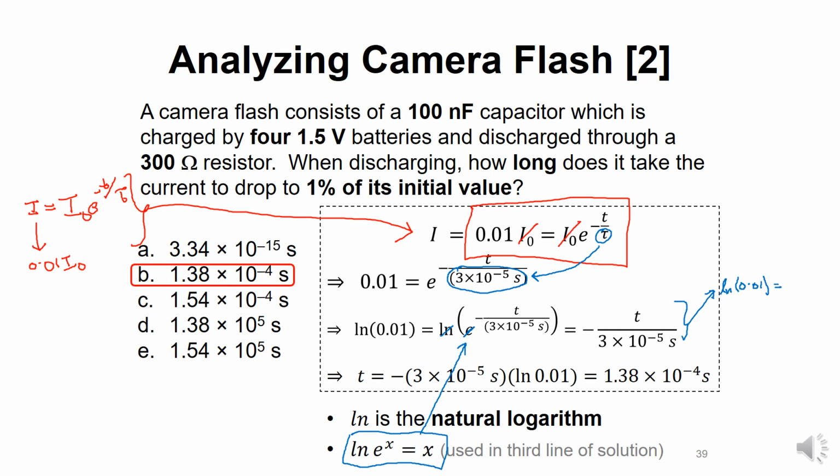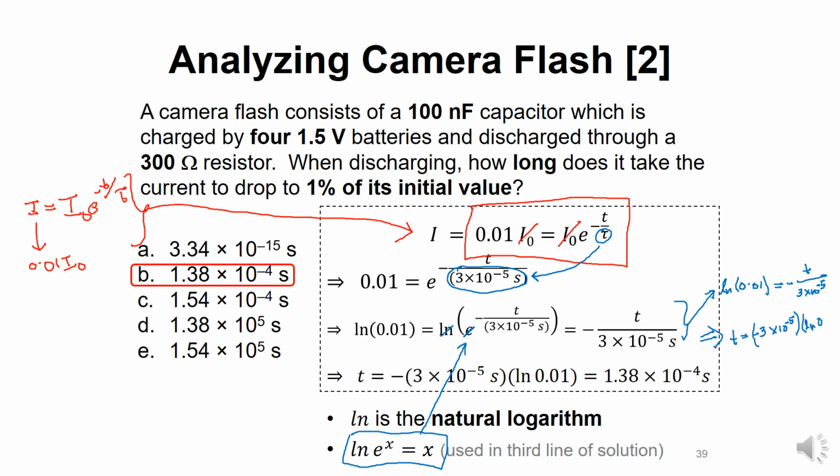Try this once again. Okay, so that's what the equation looks like now. And from there, you're solving for t.